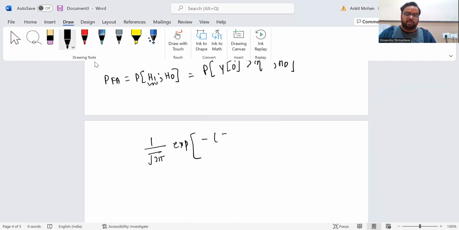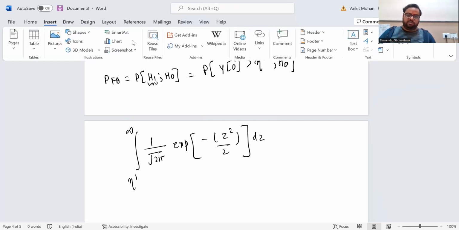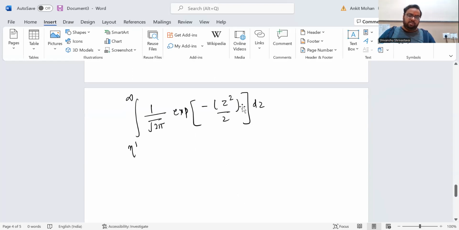So let us take exponential of minus z squared by 2, where the mean is 0 because we have the H0 hypothesis, and integrate this from eta dash to infinity, because this is y0 greater than eta dash. So this is essentially my probability of false alarm.